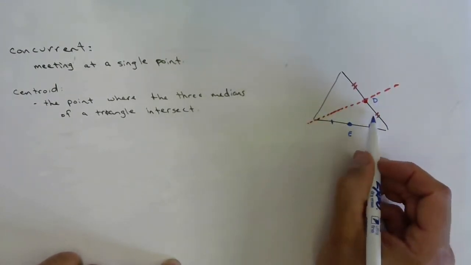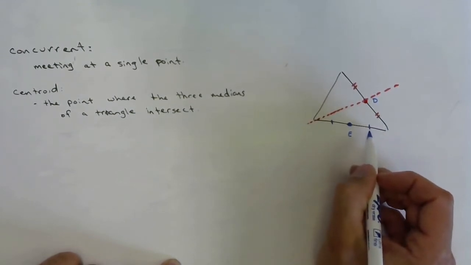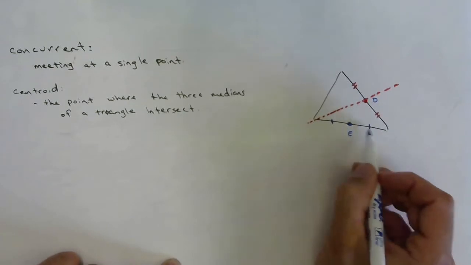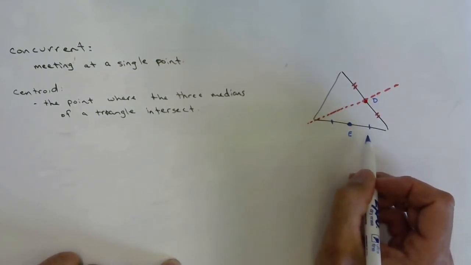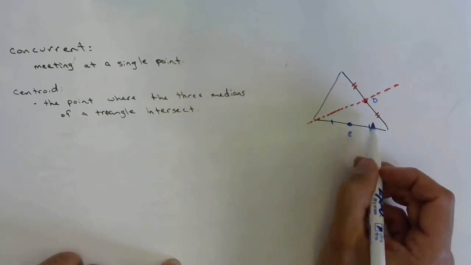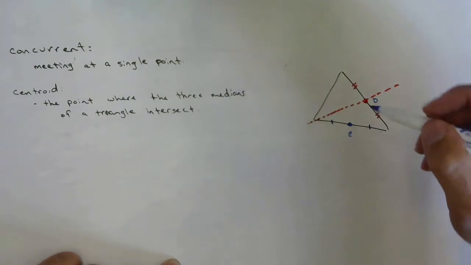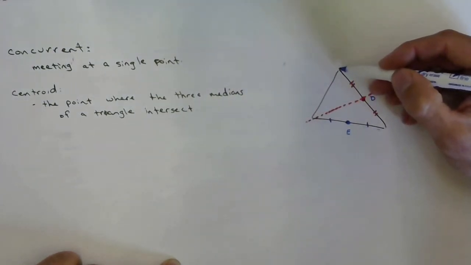Now, notice I used a double hash here and a single hash here. That's because I have not said anything about the relationship between this length and this length. They're not necessarily the same, so I need to use a different symbol. If I used a double hash on all of them, I'd be saying this is the same as this, is the same as this, and that's not true. Or it doesn't need to be true anyway.